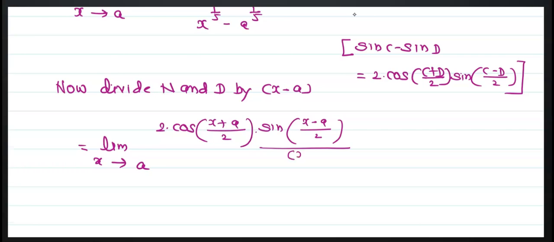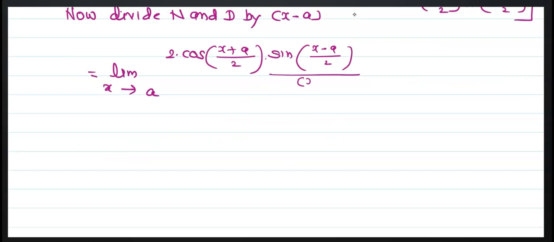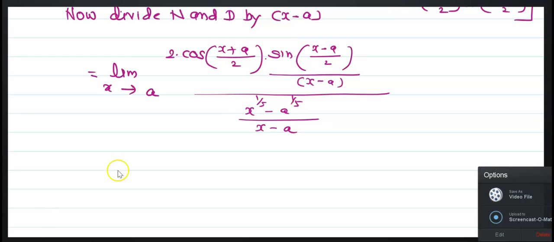And see this here. We divided the numerator and the denominator by x minus a, that is sin of x minus a upon 2 upon x minus a, the whole divided by x raised to 1 upon 5 minus a raised to 1 upon 5 upon x minus a.